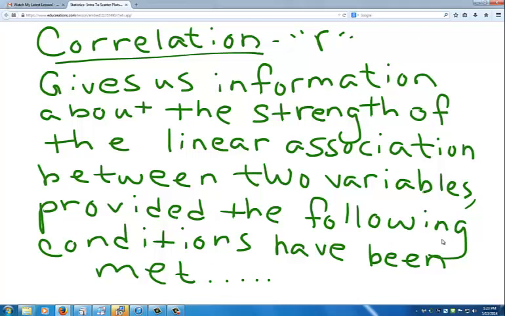In scatter plot analysis, we also consider correlation. Correlation is represented by lowercase r. It gives us information about the strength of the linear association between two variables, provided the following conditions have been met.